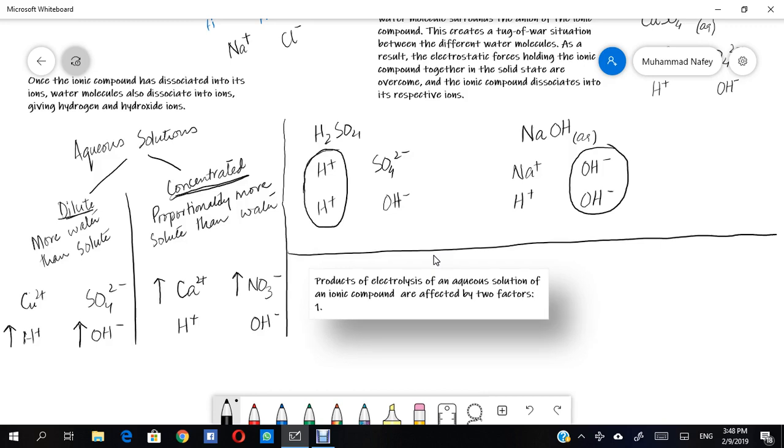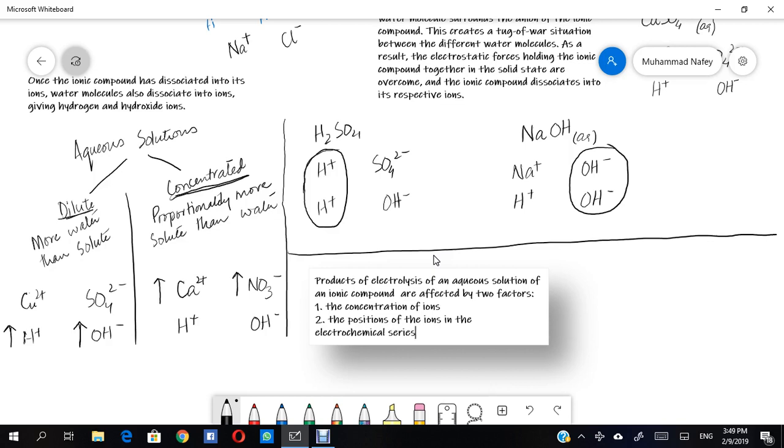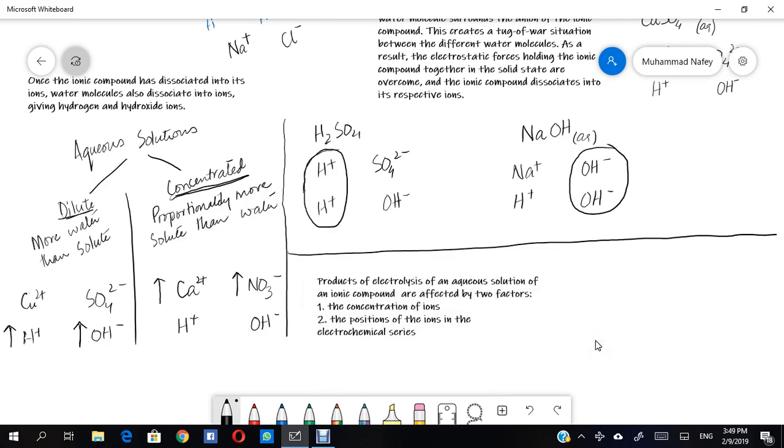Number one, the concentration of ions, and number two, the positions of the ions in the electrochemical series. Now we'll discuss both these points one by one.